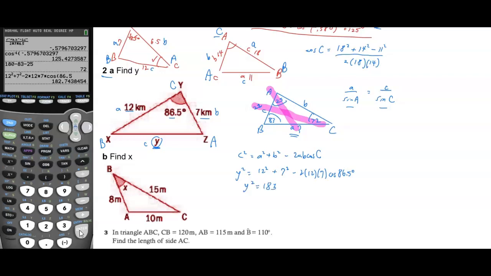And then I'm going to take the square root of both sides because my final answer needs to be y equals something. So I take the square root of both sides.